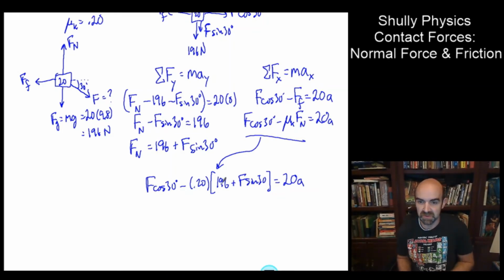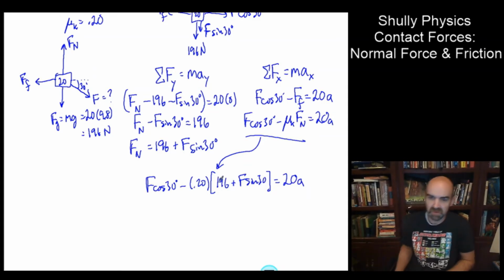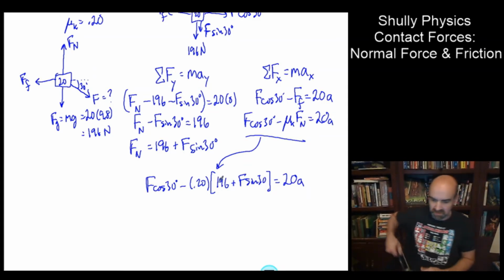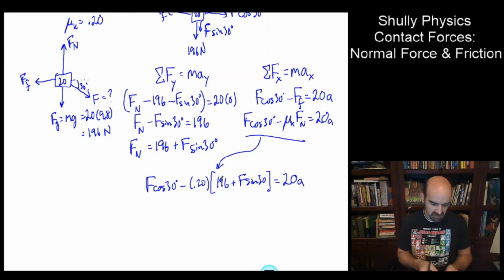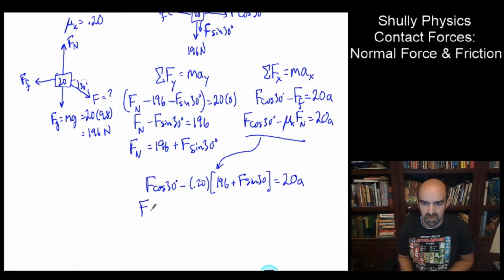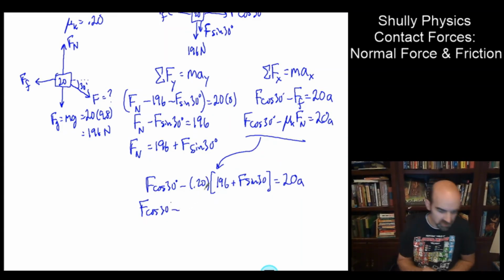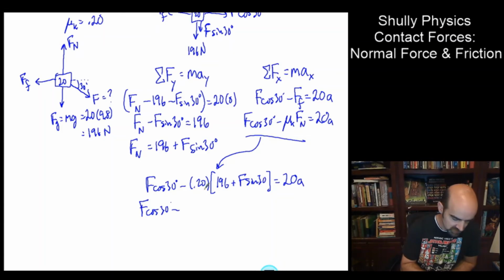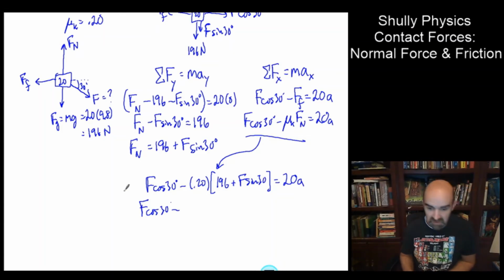Let's distribute this 0.2. I'm going to need my calculator for this. All right, so we got an F cos 30 minus, we got 0.2 times 196, is 39.2.